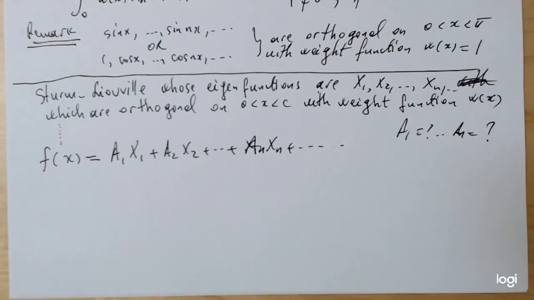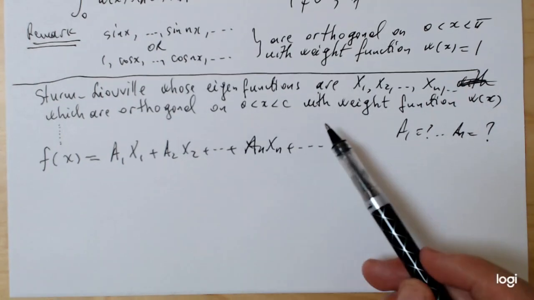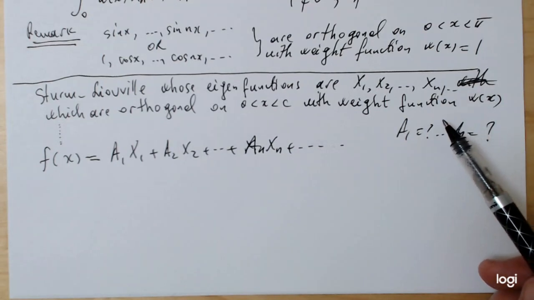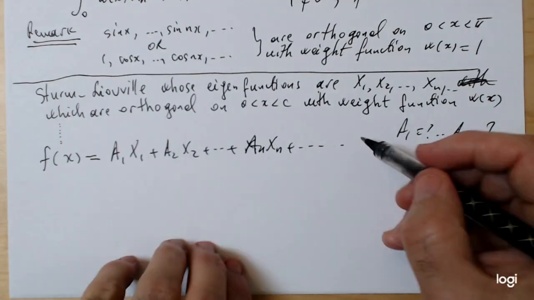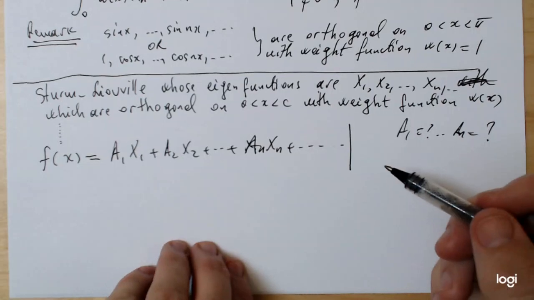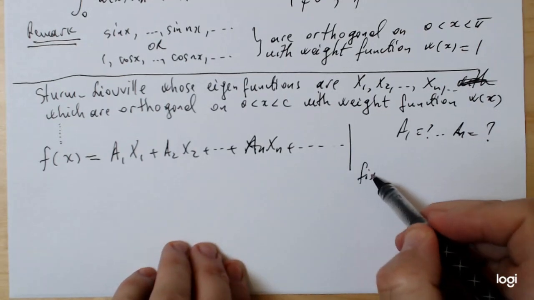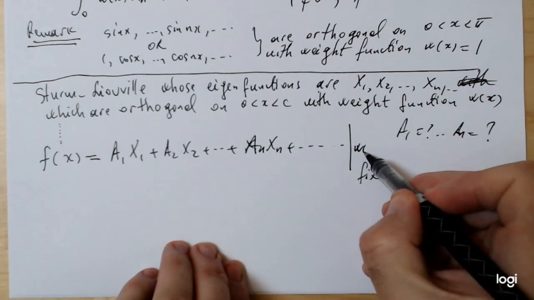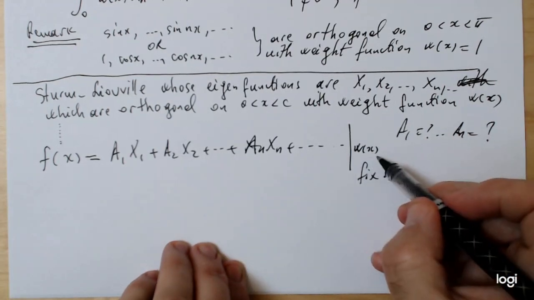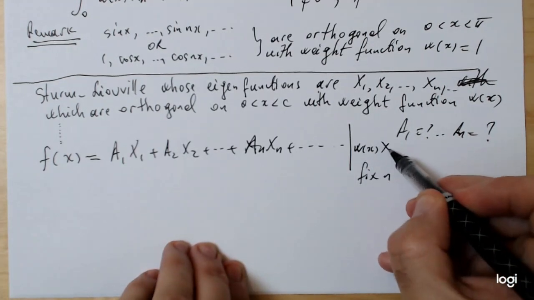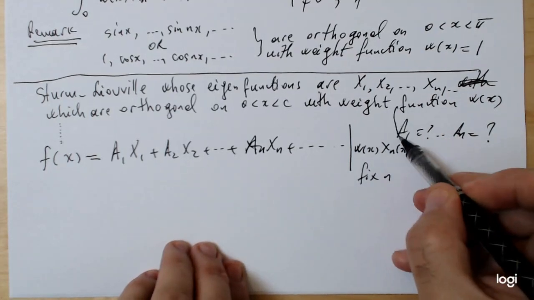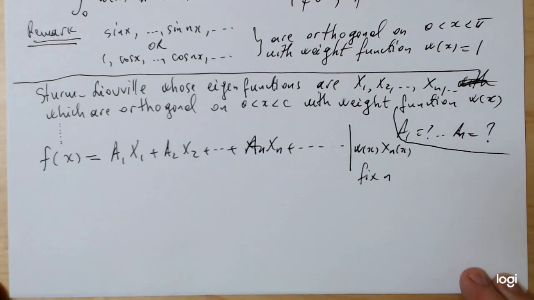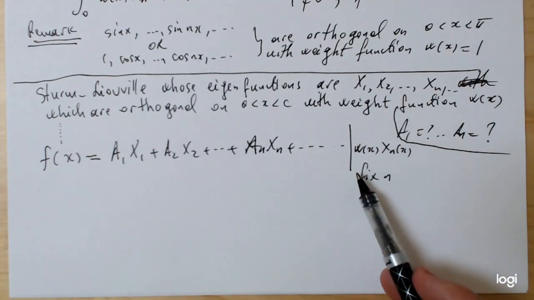Well, if you know these are orthogonal on the interval 0 to c with the weight function w of x, you could simply do like before, fix some index n and multiply both sides by w of x and xn of x. Okay, so you basically simply have to multiply not only by xn, but also carry over that weight function as well.